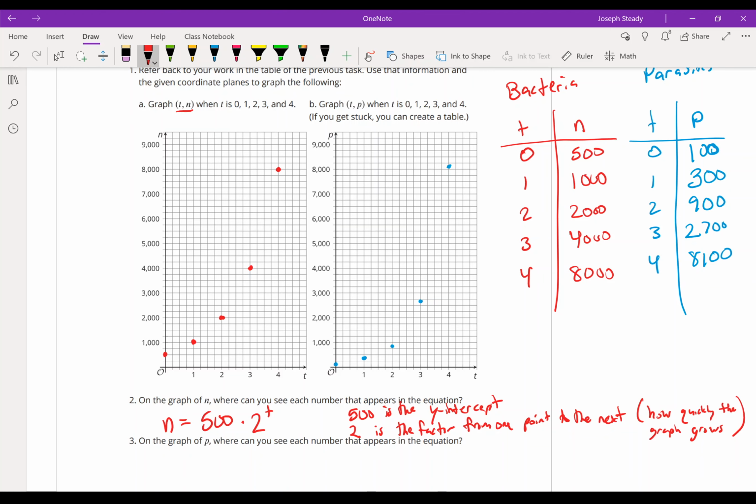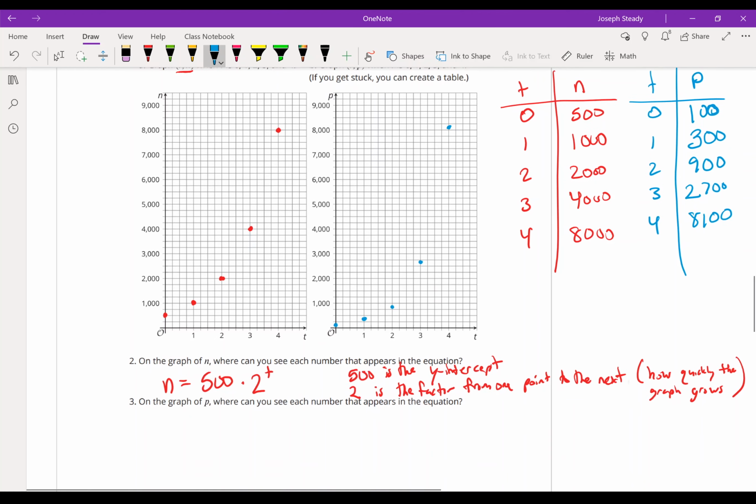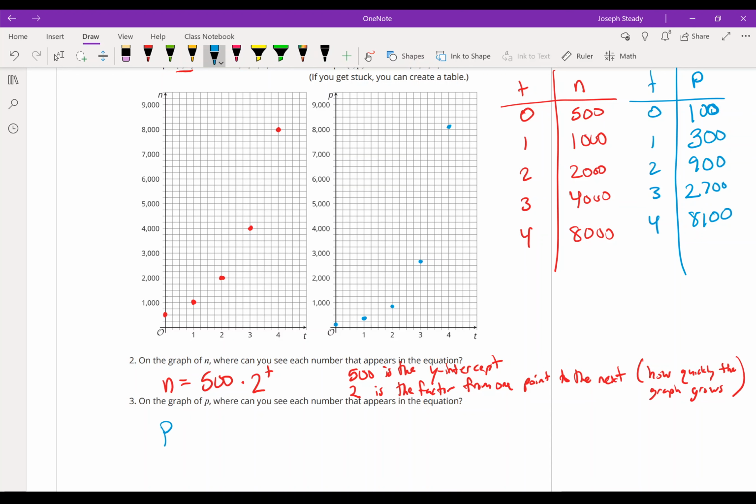On the graph of p, where can we see these numbers? Well, that graph was, remember the equation, p equals 100 times 3 with an exponent of t. So again, the 100 we can see really easily. The 100 is the y-intercept. It's showing up right over here. The 3, just like on the bacteria graph, doesn't show up as easily.